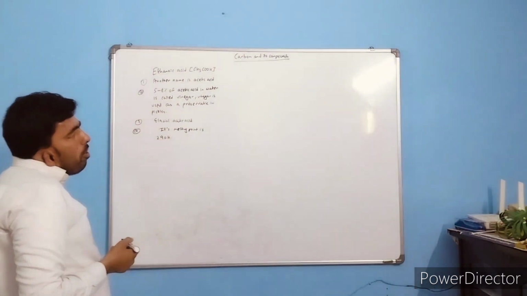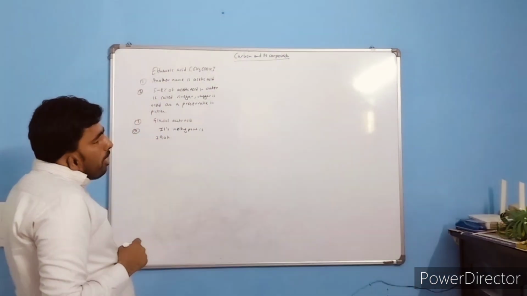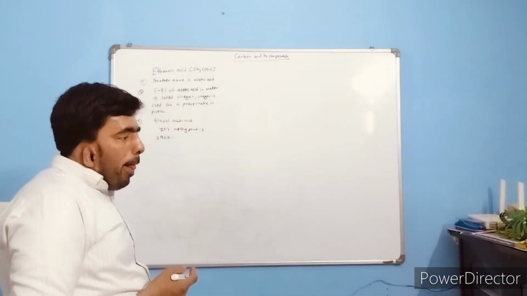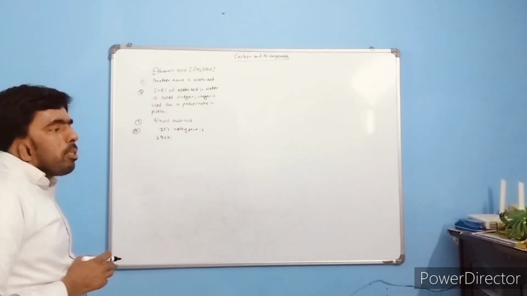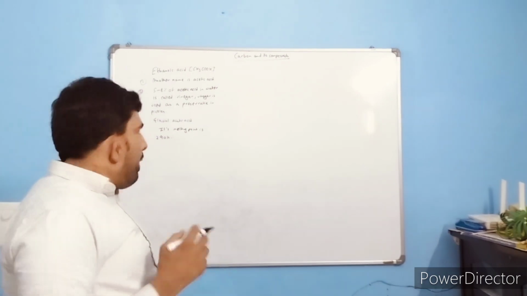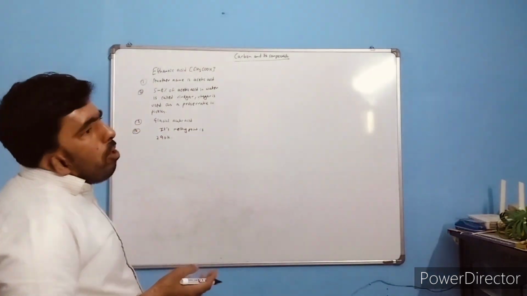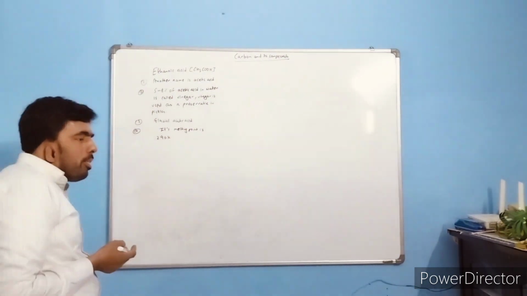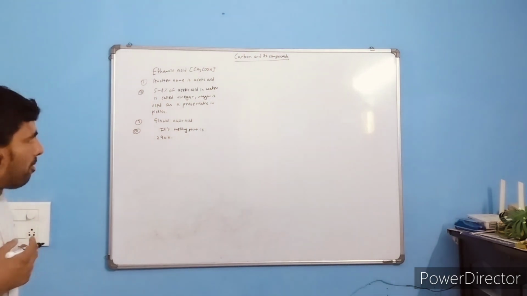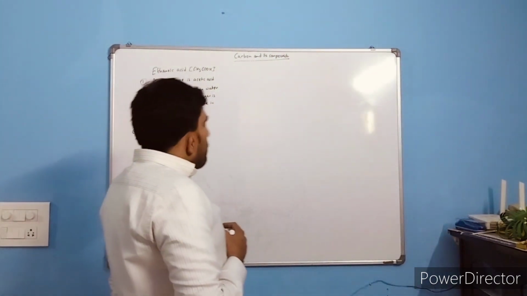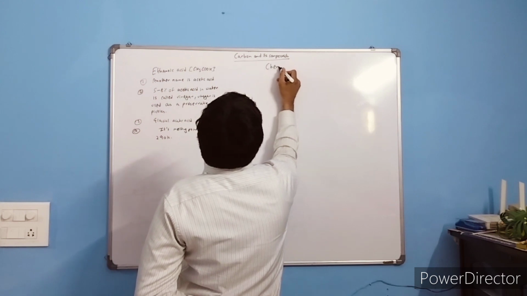But as you all know, it's a weak acid. Man-made acids like HCl are strong acids because they completely ionize, but here it is a weak acid. We have strong and weak acids, strong and weak bases, and this is an example of a weak acid.